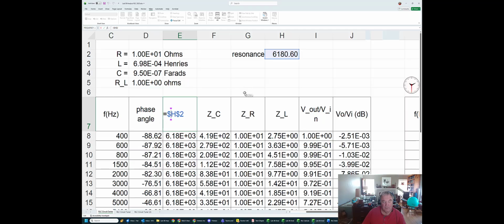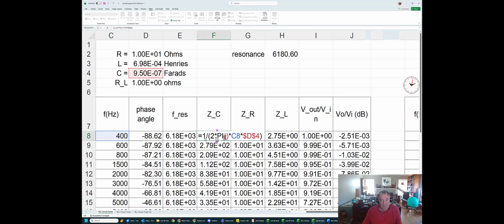Well, I guess maybe it's better to call this the resonance frequency. F-res. There we go. And all I just did was say is equal to H2, but I notice I put the dollar signs, and then you can use the fill handle to drag it down. And you may be able to just simply copy paste this from your other spreadsheet.